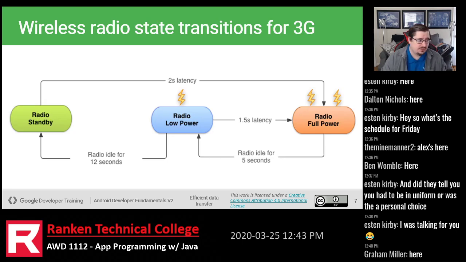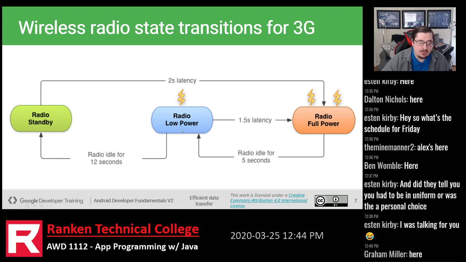Okay, so there's a transition time for going between those three states. At the highest state, you've got the radio at full power. That's, hey, we can send data at max speed. Typically, it takes about 5 seconds after we're not sending any data for it to go back to the low power state.